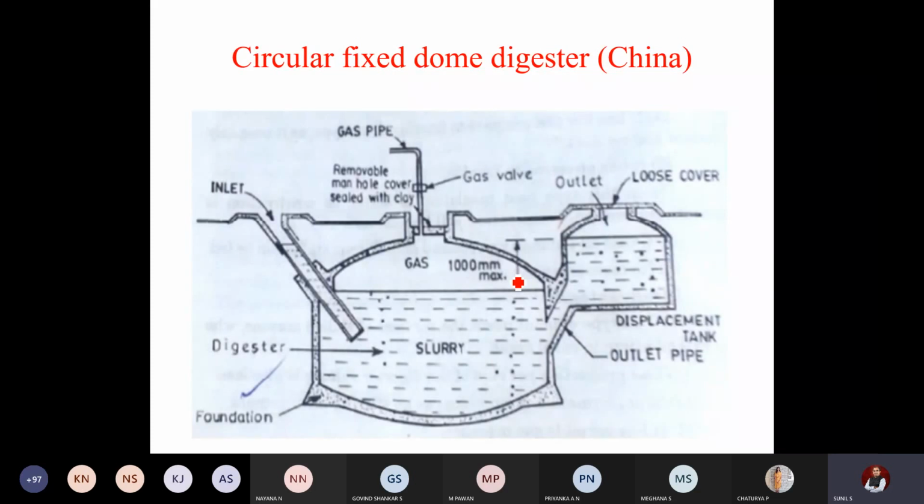Usually floating drum, Indian digester design, or KVIC, all together are named after the Indian design. Circular digester, circular fixed dome digester, fixed dome digester, Chinese model, or Janata model: all these five names belong to the China model.